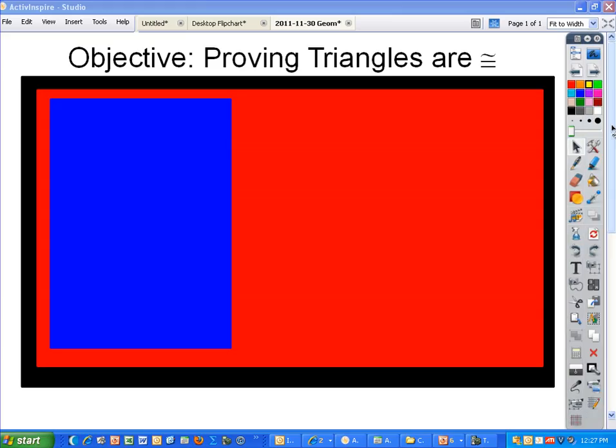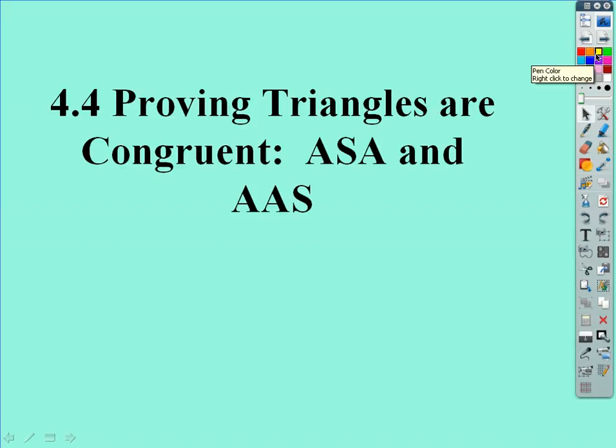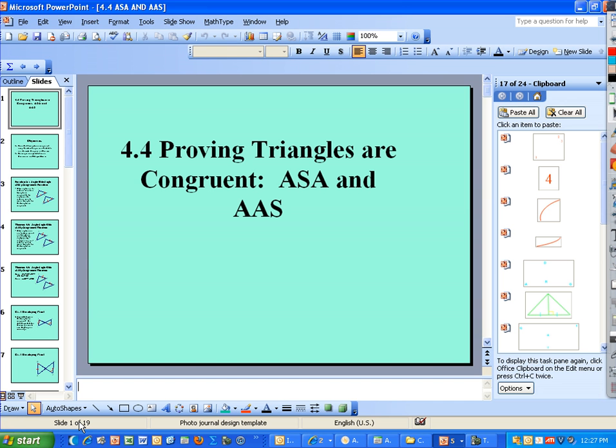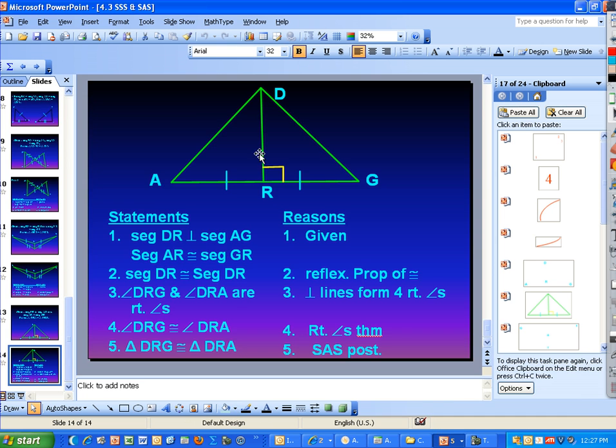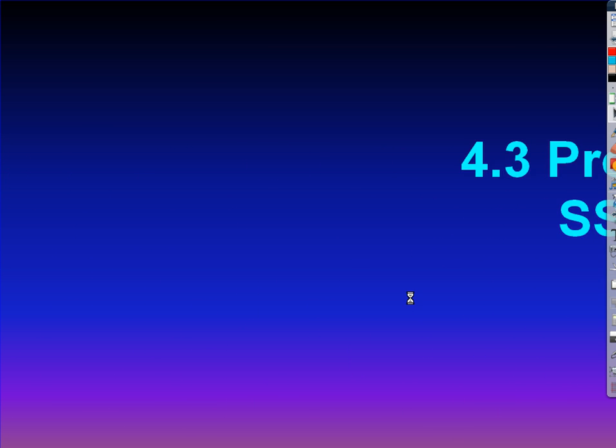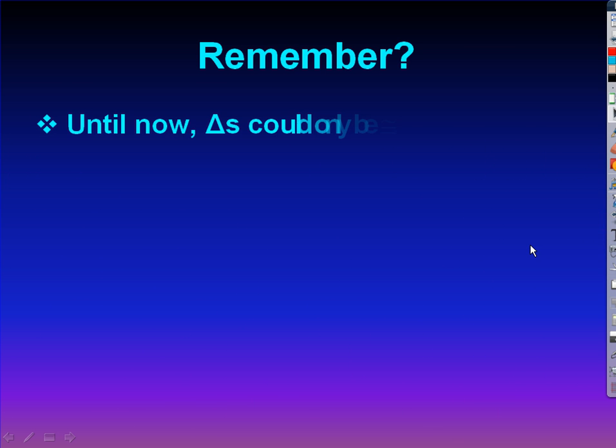I would like to look at a couple things here. Okay, so proving triangles are congruent. Now, Monday we talked about this.